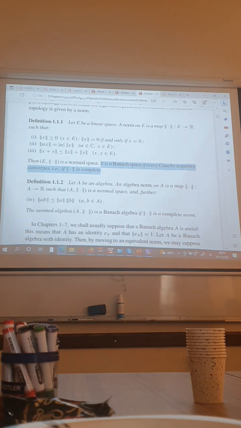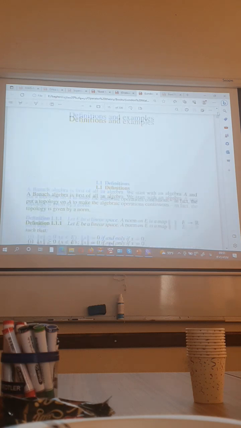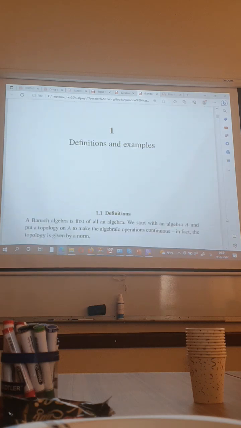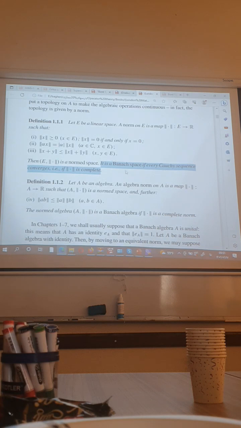Now, the title of this chapter is Banach algebra. We saw the definition of a Banach space. This is a Banach space, not a Banach algebra. If we have another operation, we have a Banach algebra.